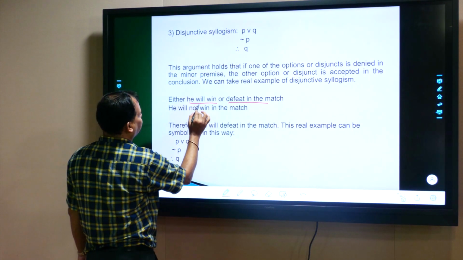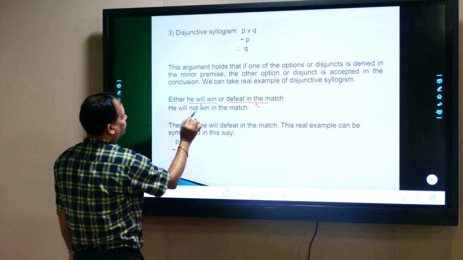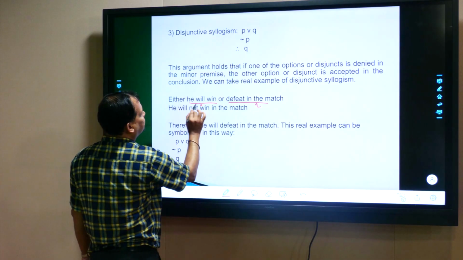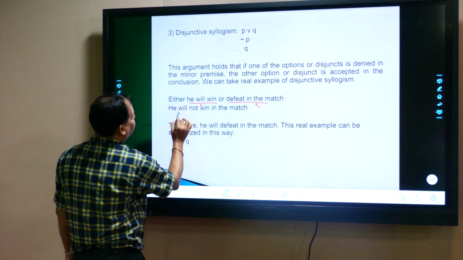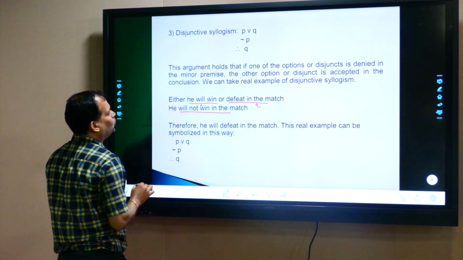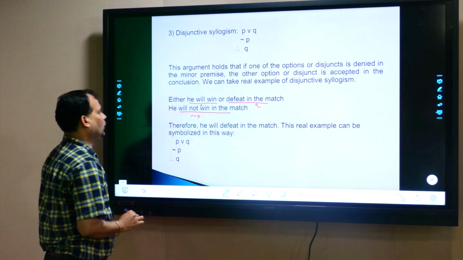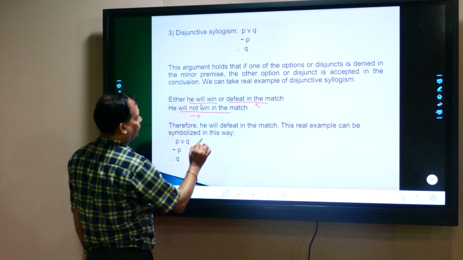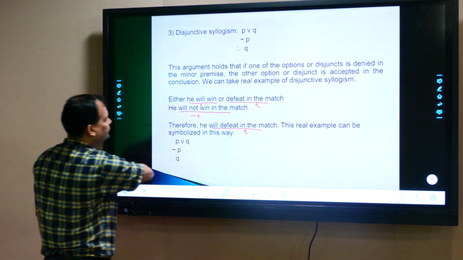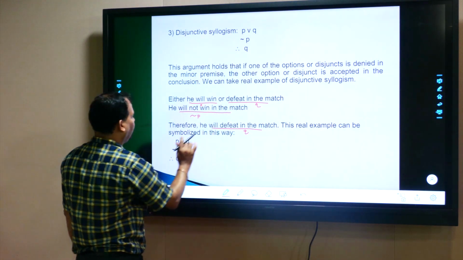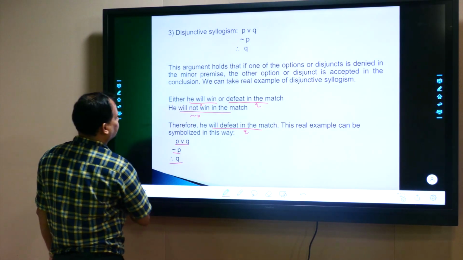If we take P to mean he will win and Q to mean he will lose the match, then we have P ∨ Q. Then, he will not win the match means ¬P. And the last one, the conclusion, he will lose the match, means Q. So in this way we can symbolize the example: P ∨ Q, ¬P, therefore Q.